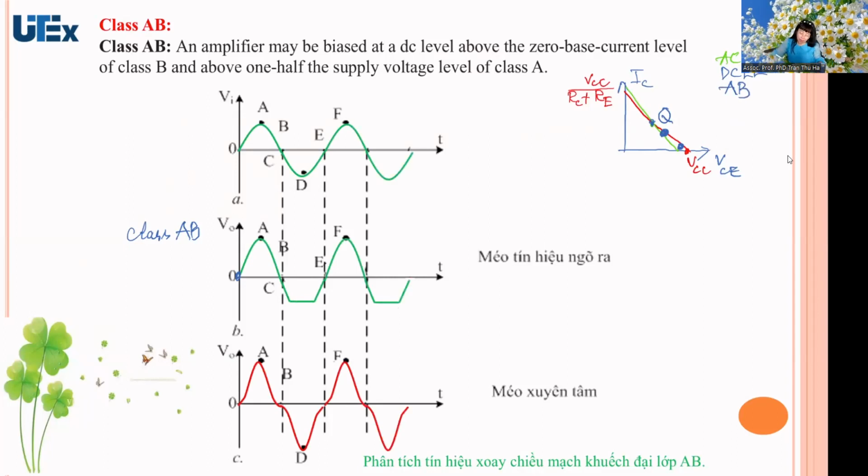If for class AB, you can draw. I would like you to follow me quickly because I would like you to have good marks in our course. Very easy. You can see the Q point here. This here is the medium between the max swing and the cutoff.